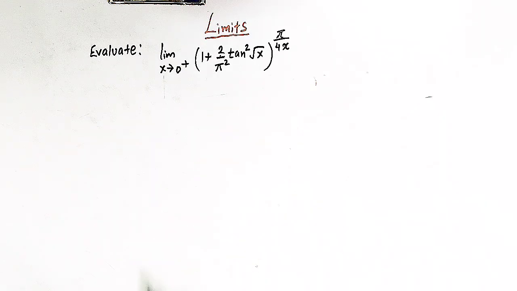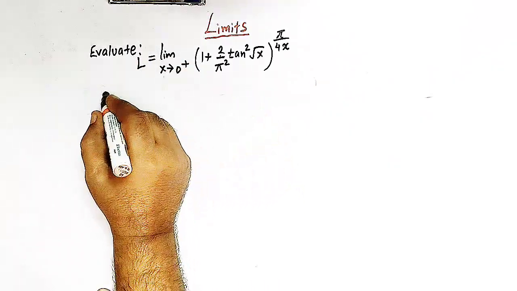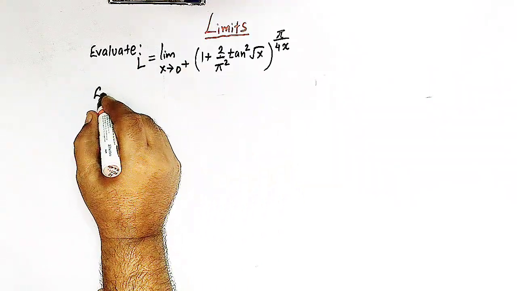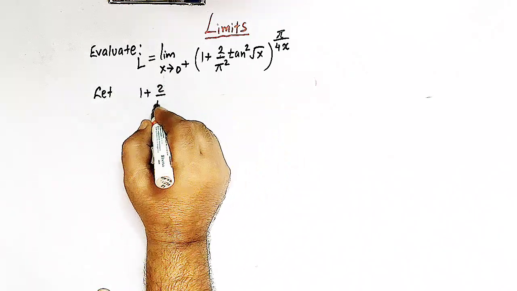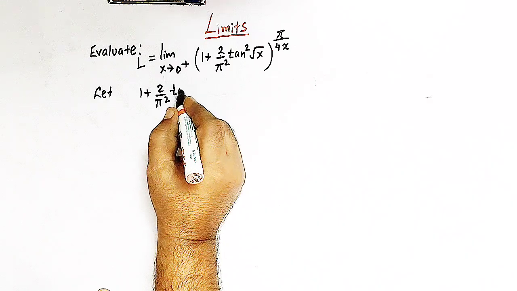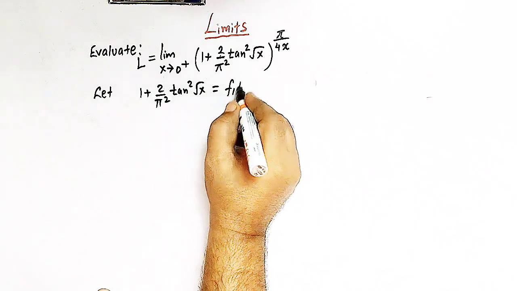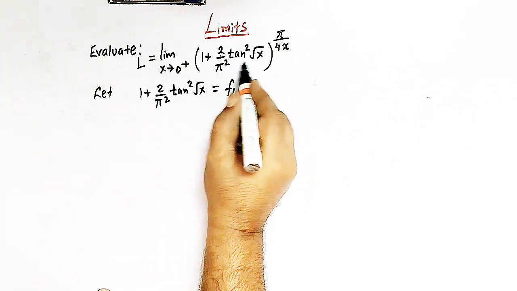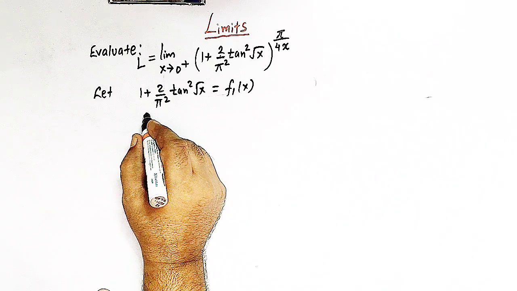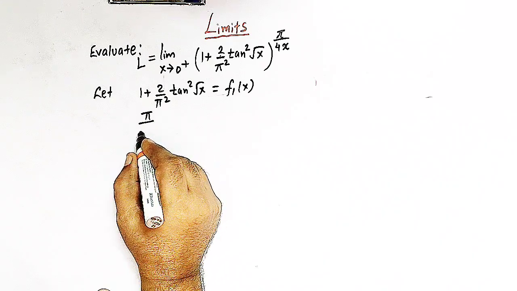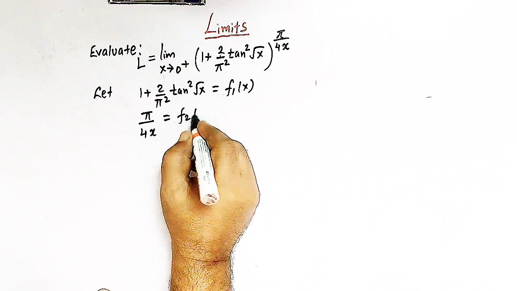So let us start and let us call this limit L. Now here we'll first assume that this function, 1 + (2/π²) tan²√x, is f1(x), and this function, π/4x, is f2(x).